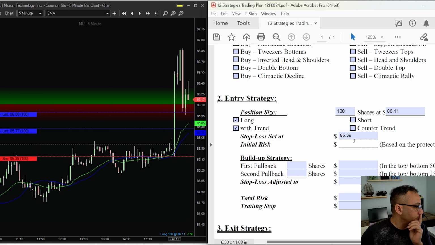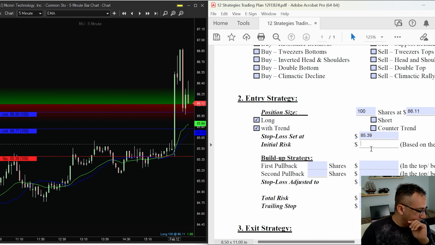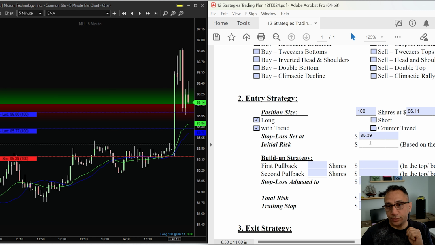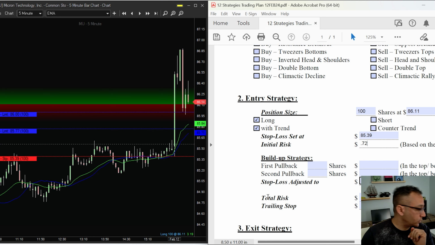Initial risk. Initial risk is how many per share? It's 72 cents per share. Now we're gonna see if we're gonna build up or not.